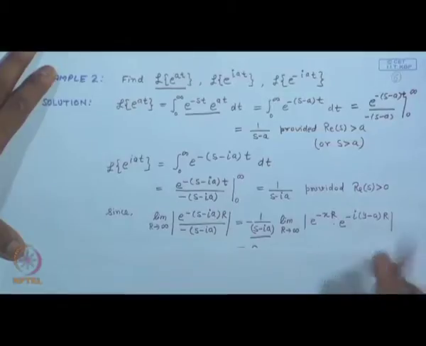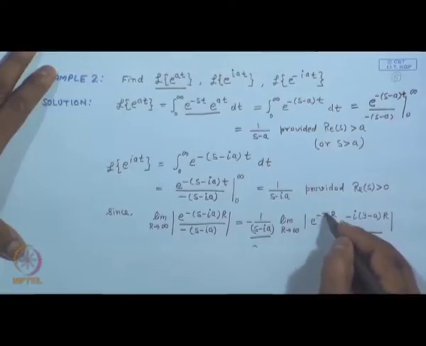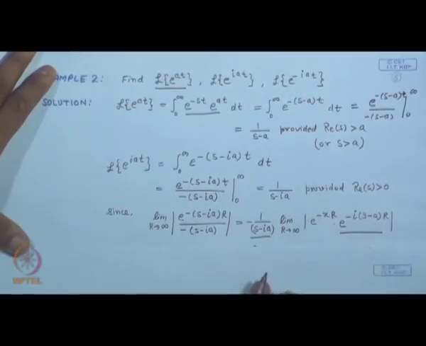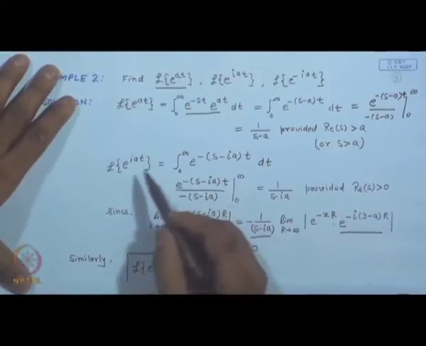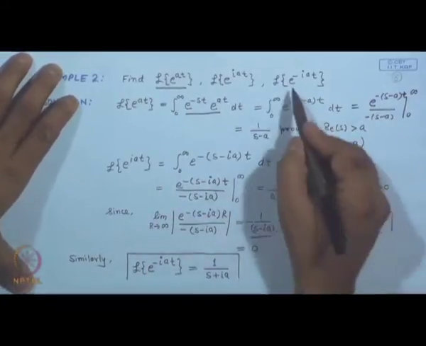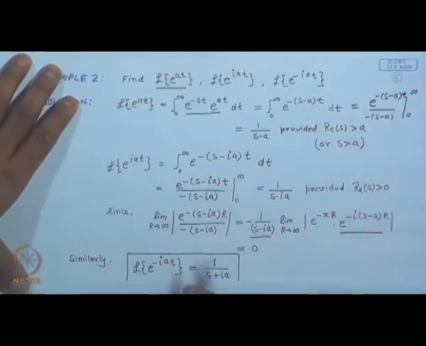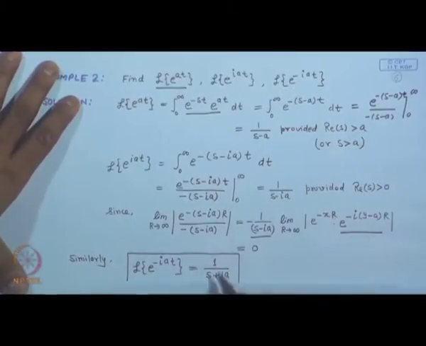The modulus of this part again will be 1, and then we have e power minus x r, and we assume that x is positive, then this will go to 0. So, similarly we can get the Laplace transform of e power minus iat, and that will be 1 over s plus ia.